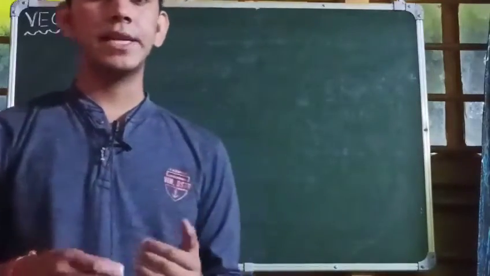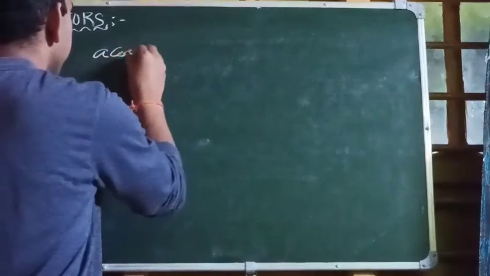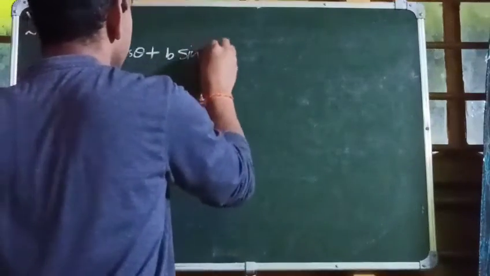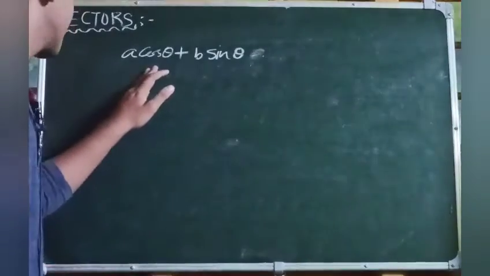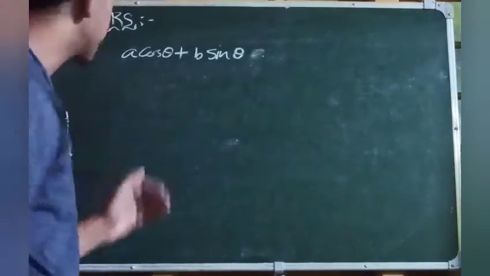Next we are going to see an important operation. Suppose we have an expression of type a cos theta plus b sin theta, and we have to handle this expression.